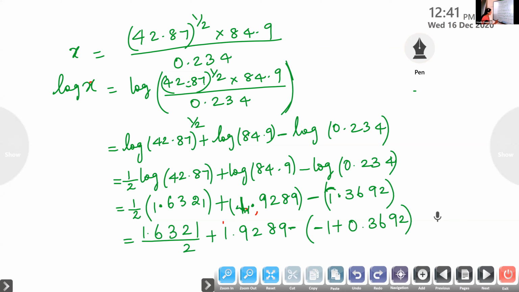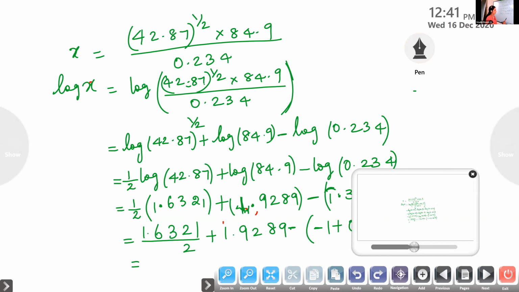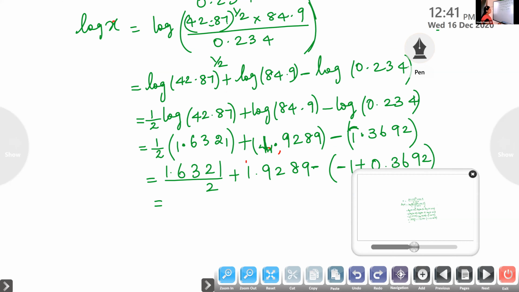Now we can divide: what is 1.6321 divided by 2?